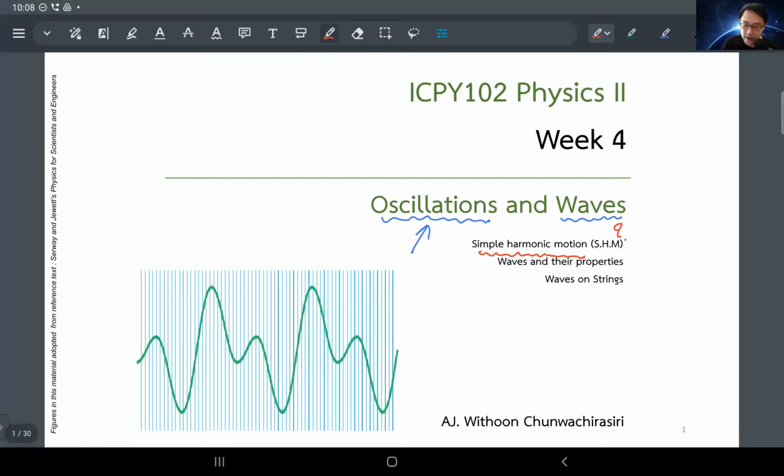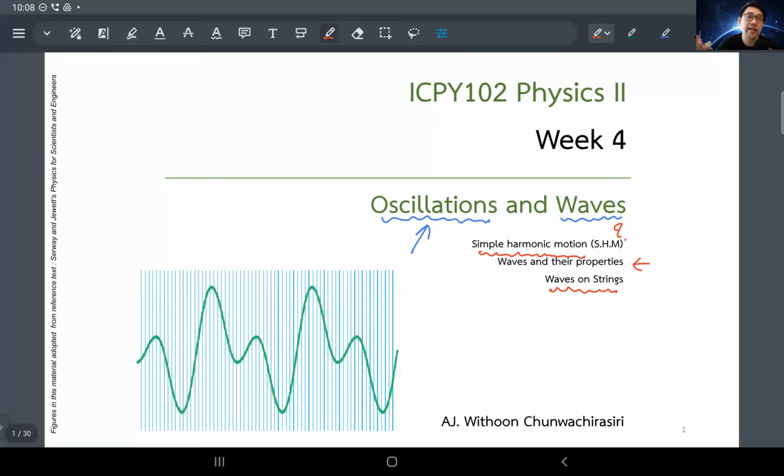All right, and once we get to that, we'll have a chance to talk about waves, and the connections between the two. Then we're going to have an example where we can study waves very thoroughly, and I think this is the one where you're going to see the mathematics put into work. It's waves on strings.